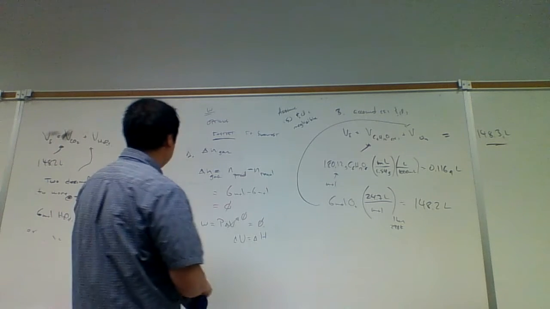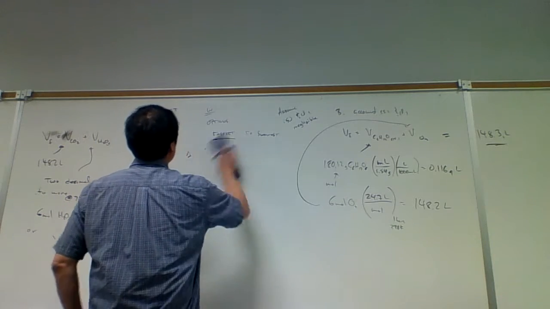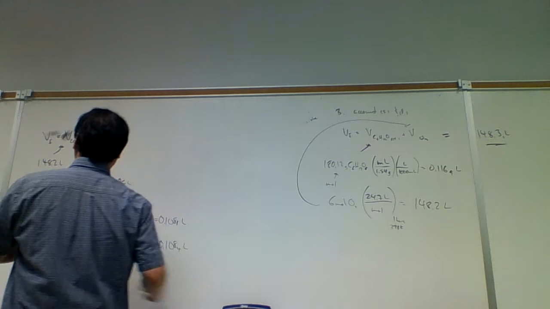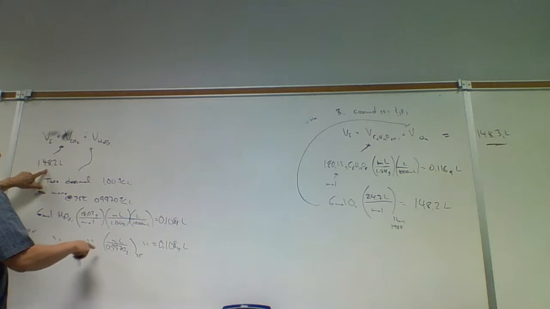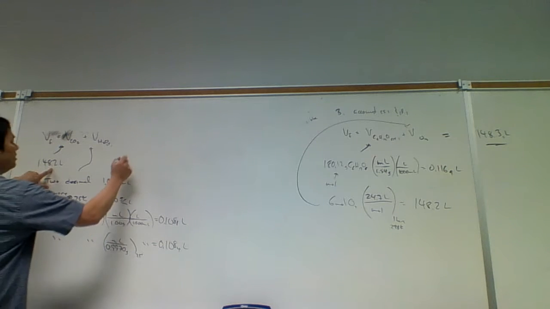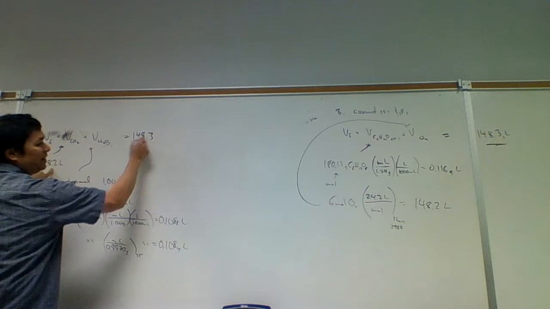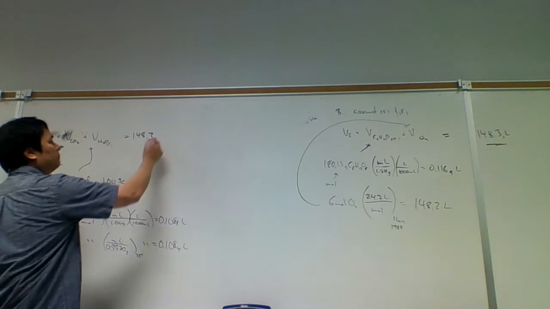Now we have the volume. So let's see what the volume is here. And so this is 148.2 plus 0.1 gives us a volume of 148.3 liters here.